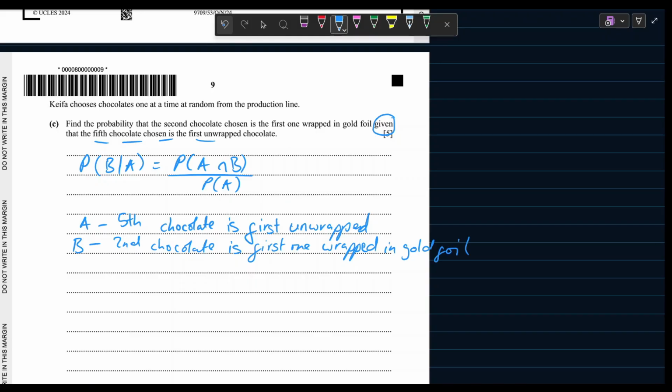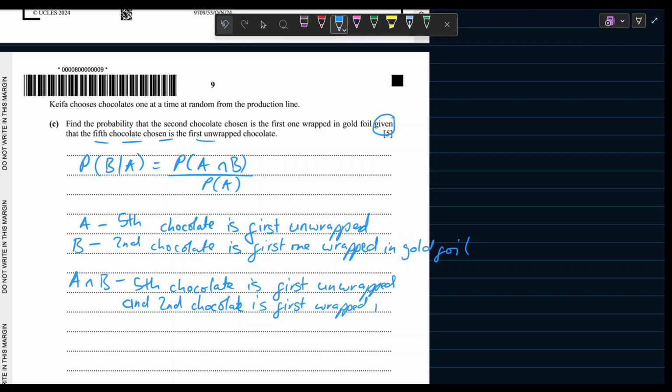Okay. And then the intersection of A and B would be fifth chocolate chosen is first unwrapped, and second chocolate is first wrapped in gold foil.